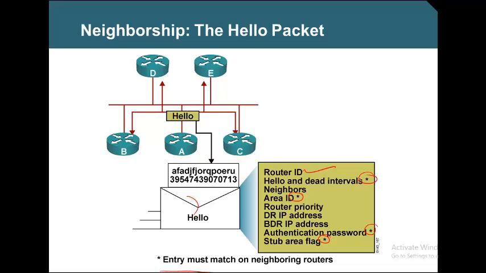It is not saying to DR. It is simply saying to multicast address 224.0.0.5, which is received by E. Now, when E receives the hello from A, in that hello, A says, I'm A, my router ID is this, I'm A, and my neighbors are B and C.